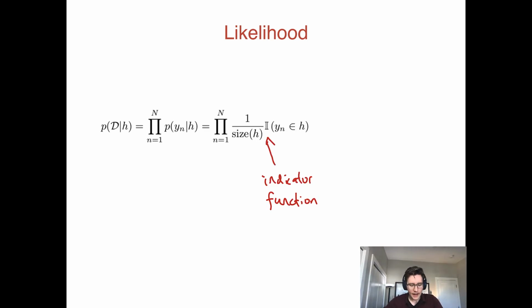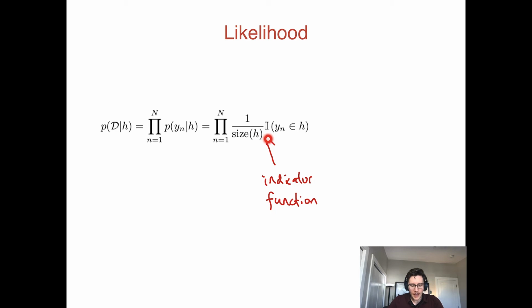Okay, so we can keep writing out this likelihood. Again, we have this product over all of the numbers we see in our bag. Now there are two possibilities. One possibility is that we see a number that isn't in the given hypothesis. If that's the case, then the probability of this concept, this hypothesis, is zero, obviously, because we're not allowed to ever see a number that's not part of our concept. So I'm writing this like this.